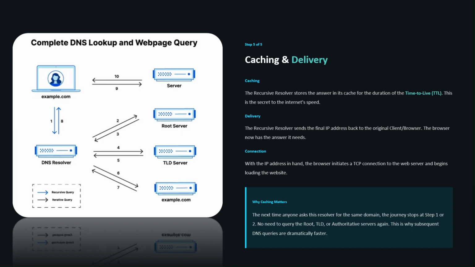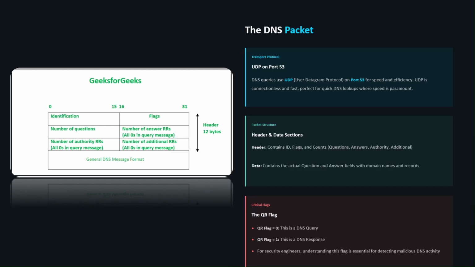Now, let's zoom in on the packet itself. The DNS query is typically a small, fast transaction using UDP, the User Datagram Protocol, on port 53. UDP is used because it's connectionless and fast, perfect for quick lookups where speed is paramount.